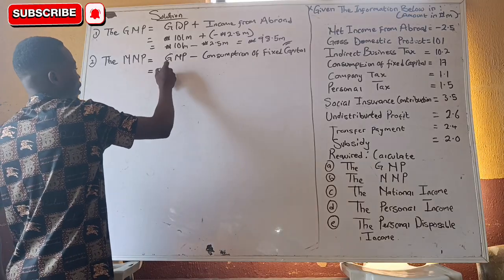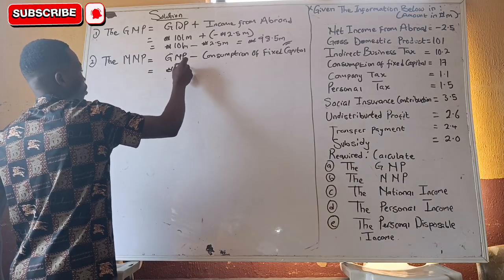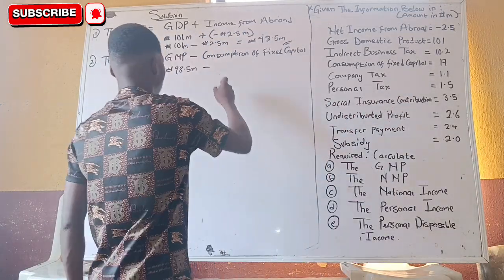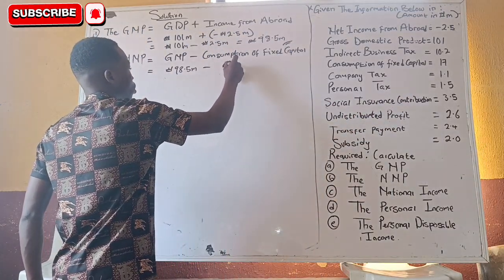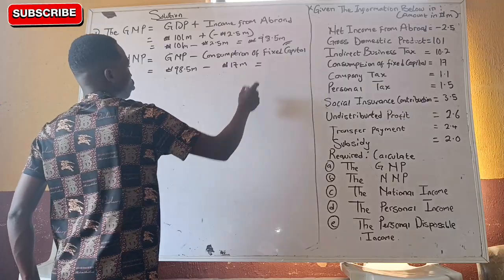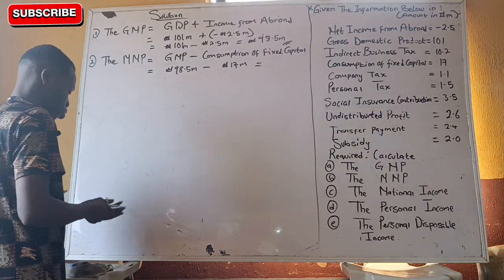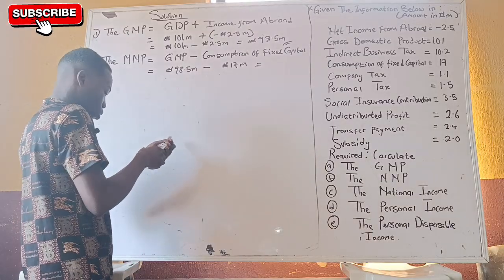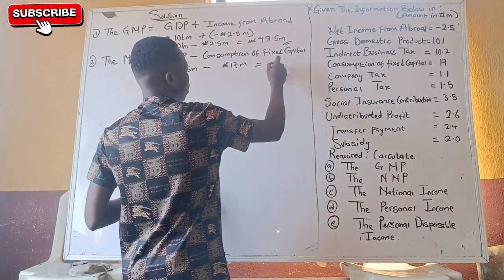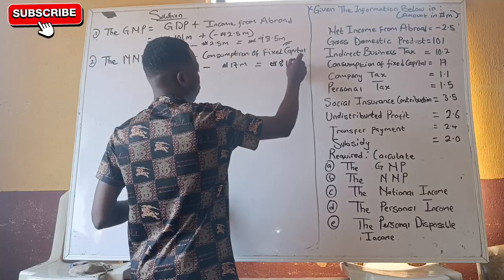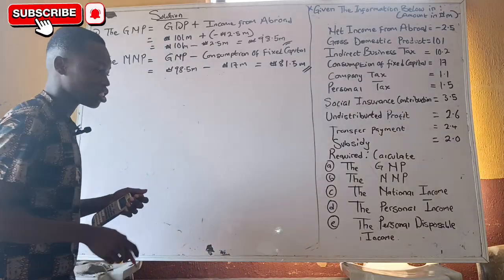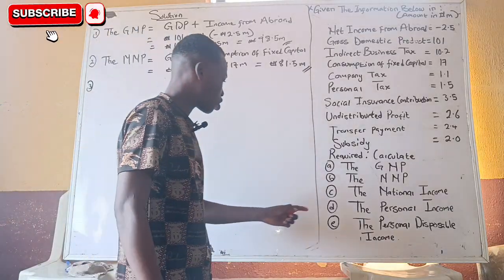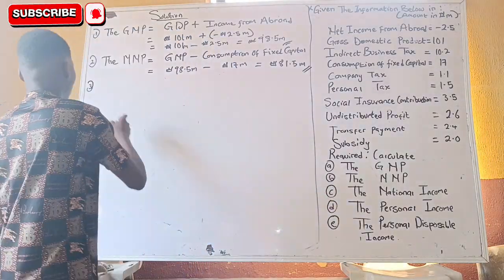So our GNP, that is 98.5m minus 17m, and this will result to 98.5 minus 17, that is 81.5m. So I've gotten the second one. Let's move to the third thing we have to calculate, which is the national income.